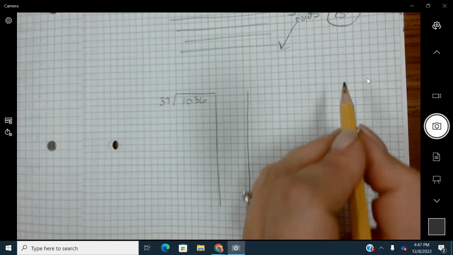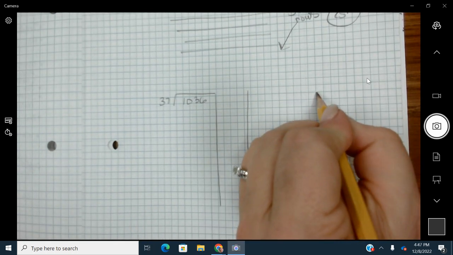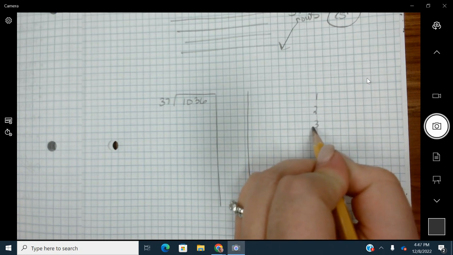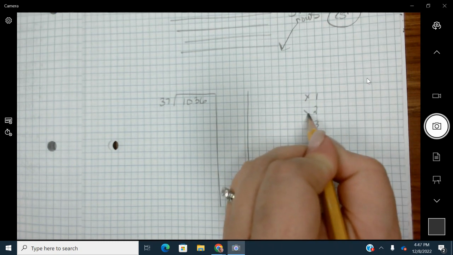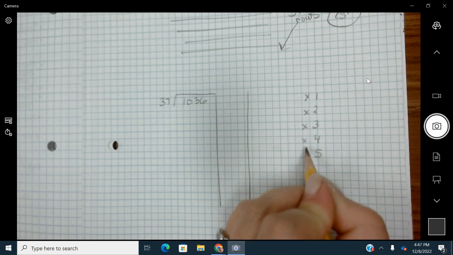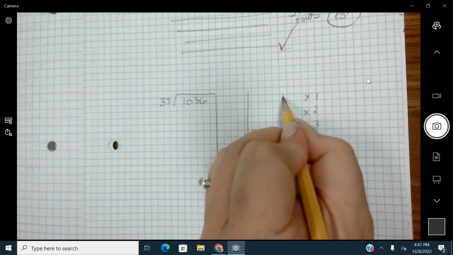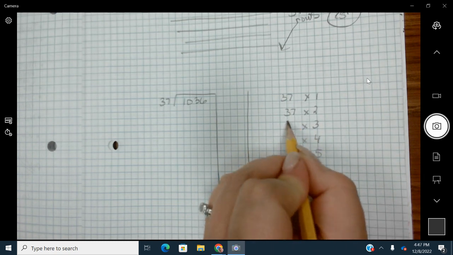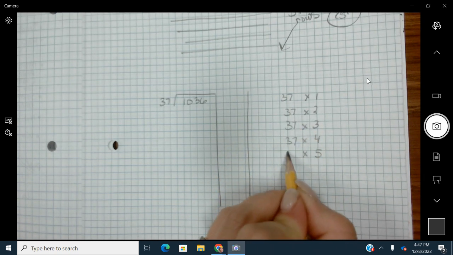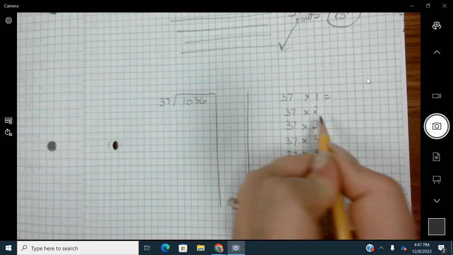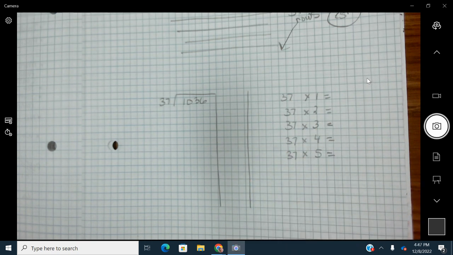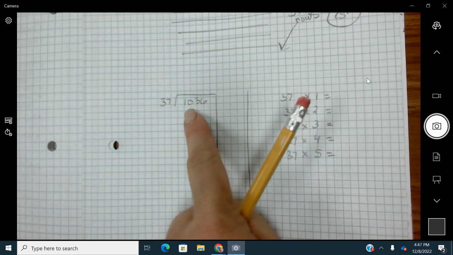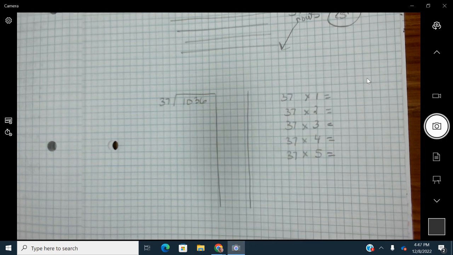Then over here we write 1, 2, 3, 4, 5, and then times 37 for each. I remember when I was a little kid in fifth grade, I would just cry over not knowing how to figure out how many 37s were in this. And this just takes away all of the worry and the fear about it.